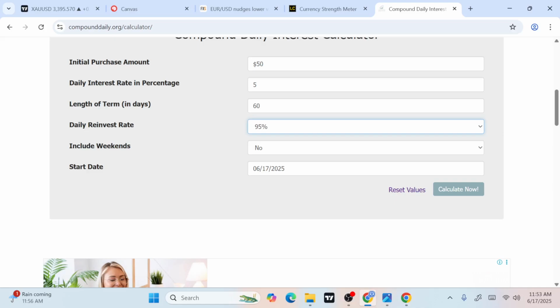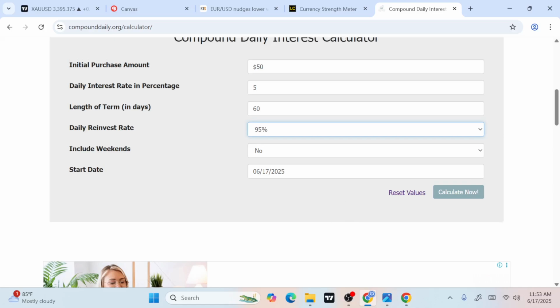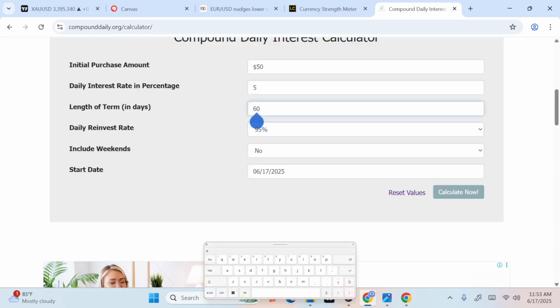If you want to be withdrawing, that changes it. Let's do a simulation for 1 month.